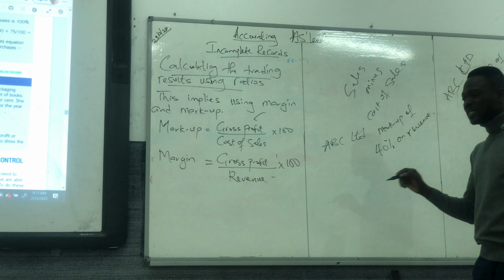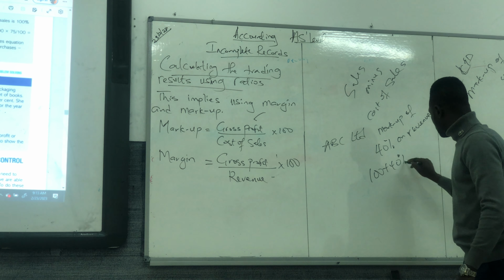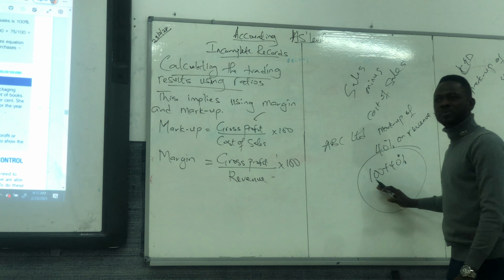What does this imply? It means that our revenue will be 100 plus 40%. So this is what our revenue will be based on.